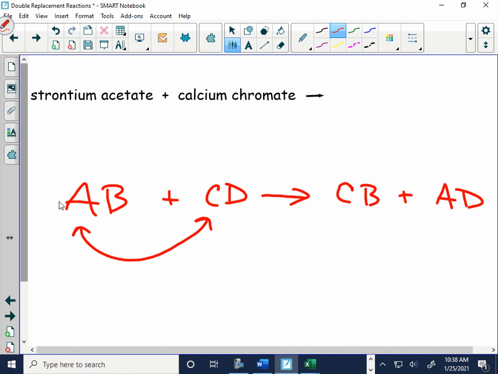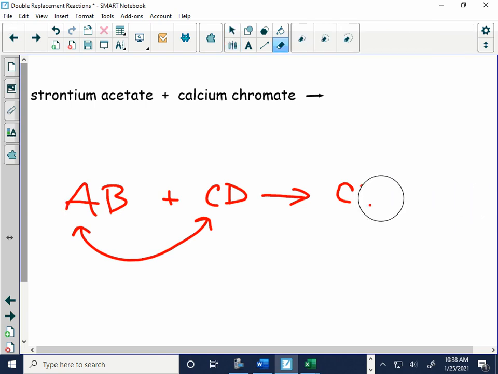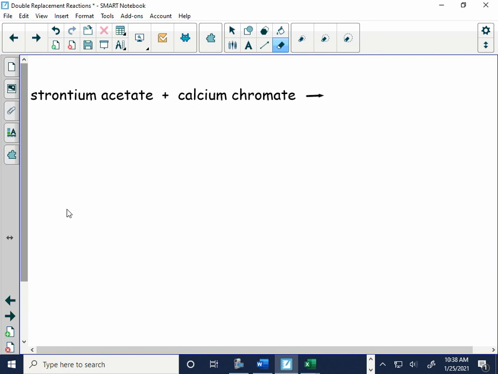So we're taking our cations and we're swapping them. That's the double replacement. So as I go through and look, I'm going to start out with strontium acetate. Strontium is a 2+. So strontium's a 2+. Acetate is a 1-.